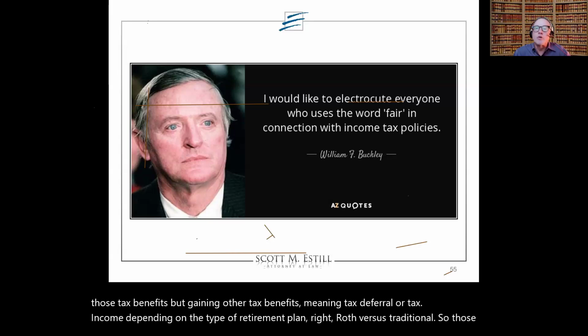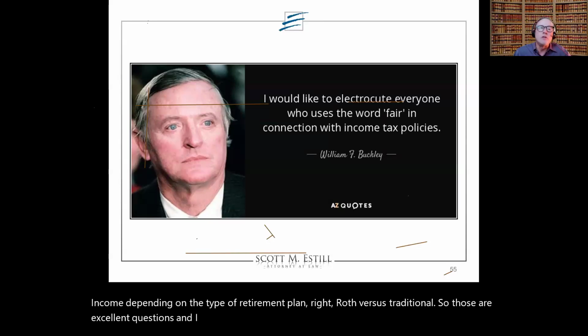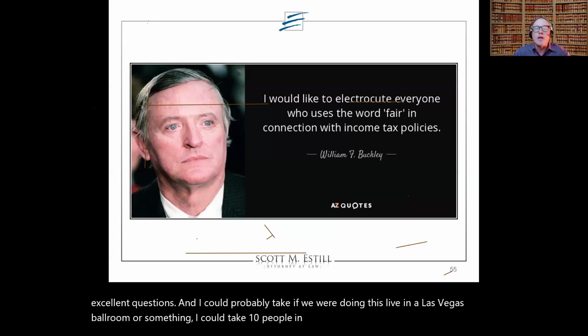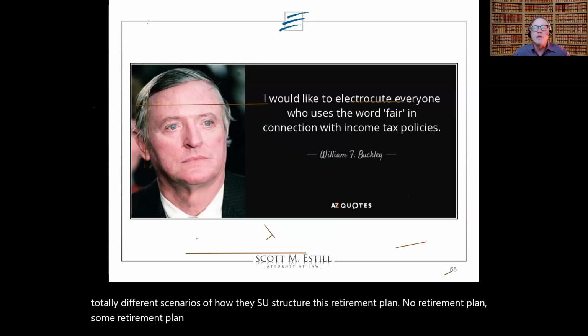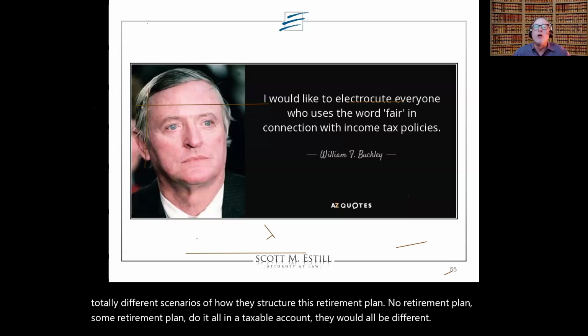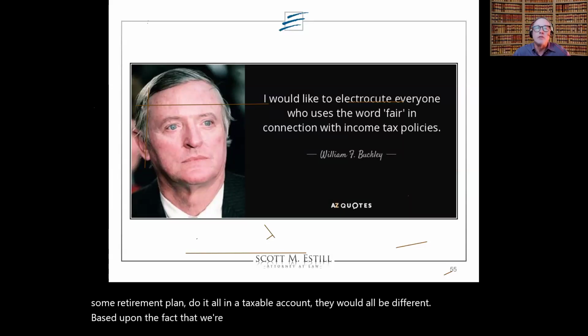And if we were doing this live, like in a Las Vegas ballroom or something, I could take 10 people in the audience and we could come up with 10 totally different scenarios of how they should structure this: retirement plan, no retirement plan, some retirement plan, do it all in a taxable account. They would all be different based upon the fact that we're all different and we're at different stages of our lives.